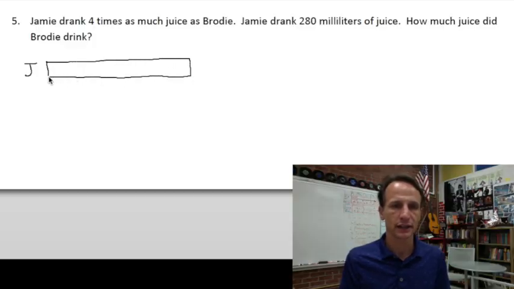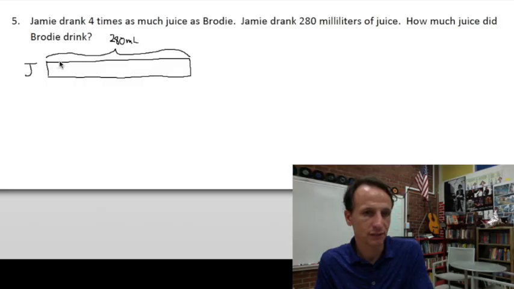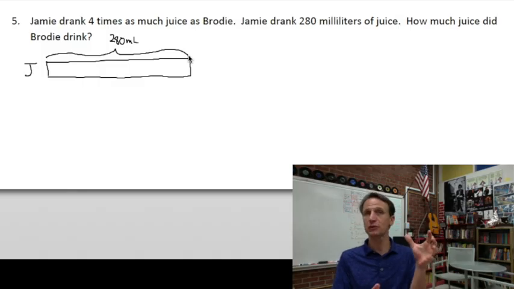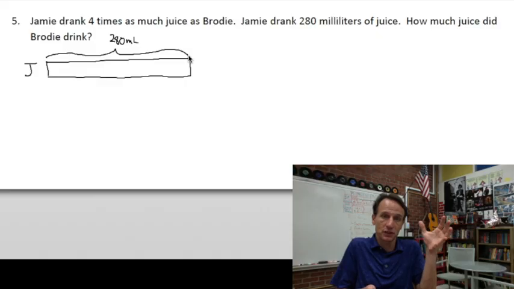He drank a total of 280 milliliters. Now, this is Jamie, and he drank 4 times as much as Brody. So picture, Jamie's got 4 times as much as Brody.